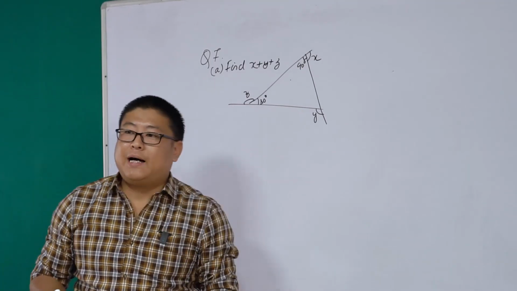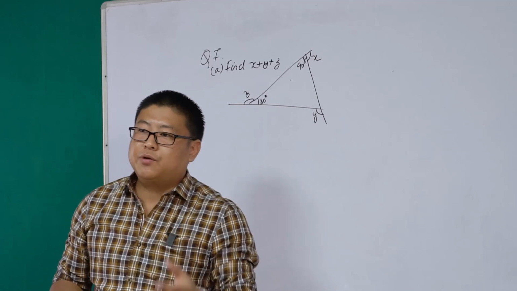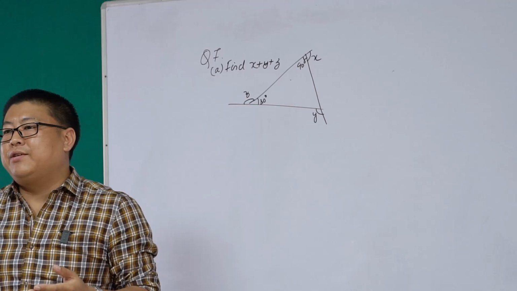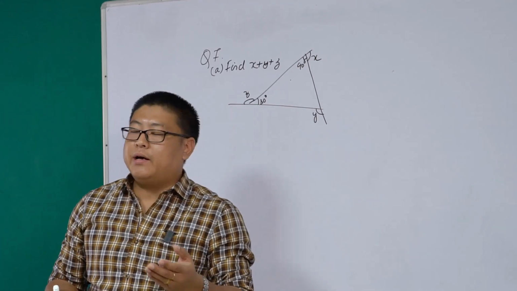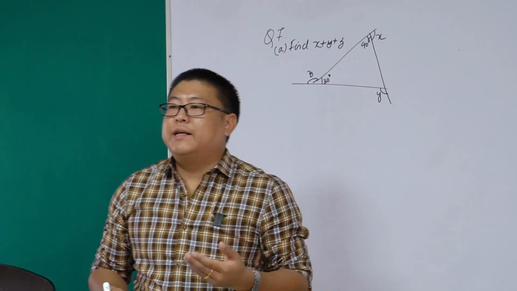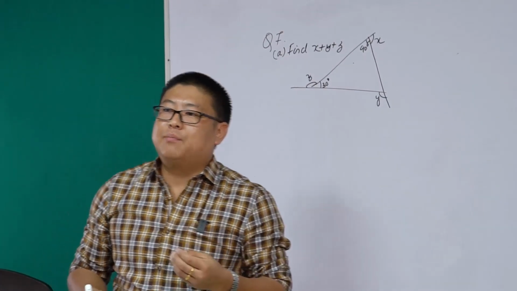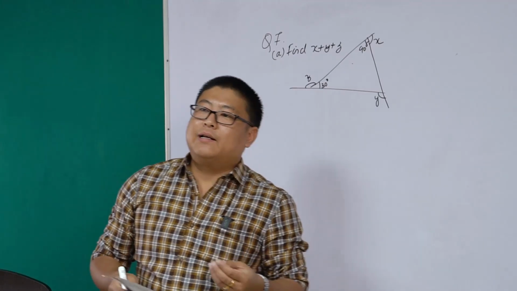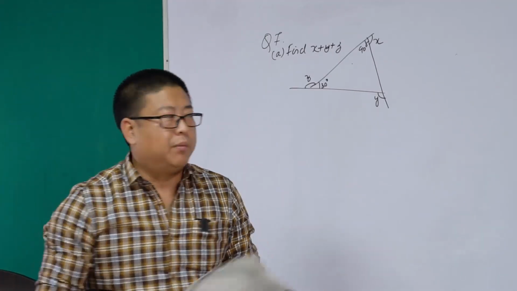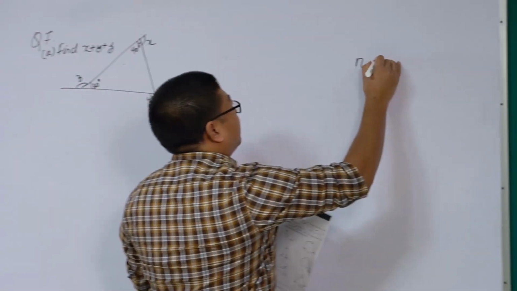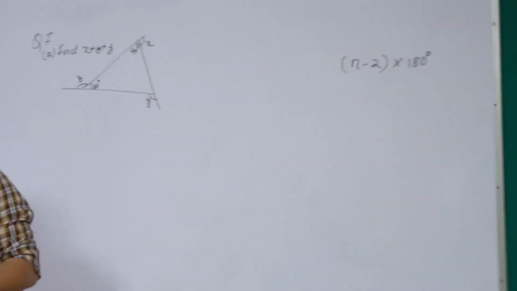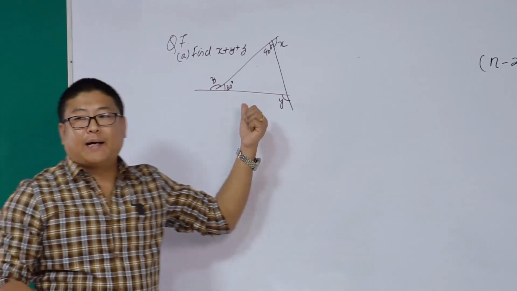The angle sum property of a triangle states that when all three interior angles are added, it sums up to 180 degrees. In the case of a quadrilateral, it sums up to 360 degrees. And for other polygons with sides more than 4, we use a special formula, which is (n minus 2) into 180 degrees. Now, relating to this, let's go back to the question.